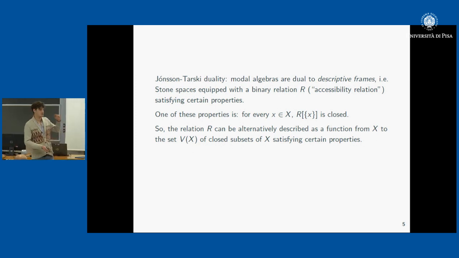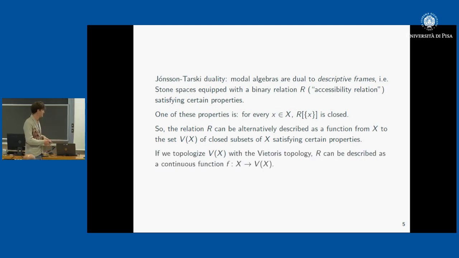What are these properties? They can be neatly described: if we topologize the set of closed subsets of X with the Vietoris topology, then R is described as a continuous function from X to V(X). These properties are equivalent to this function being continuous.